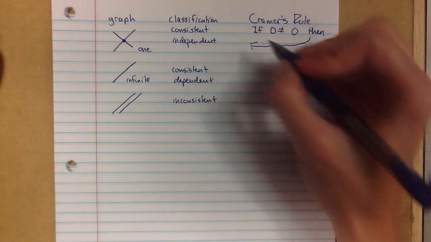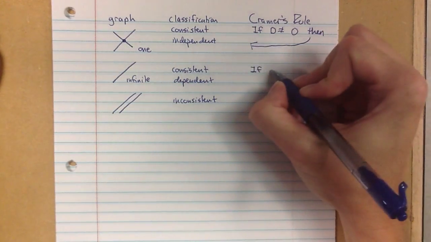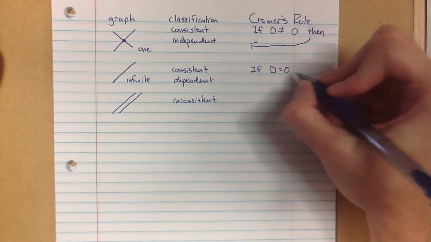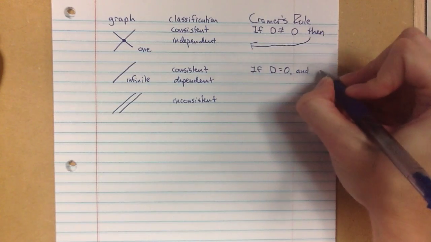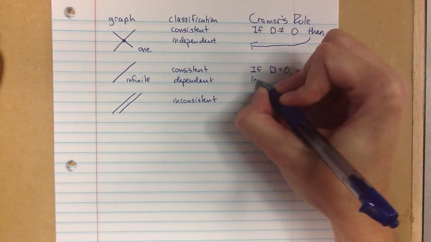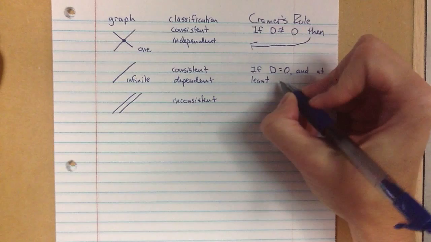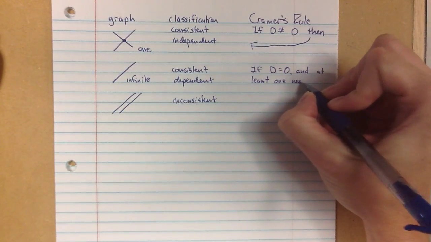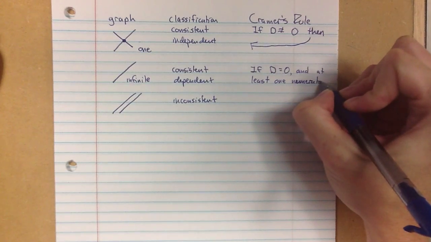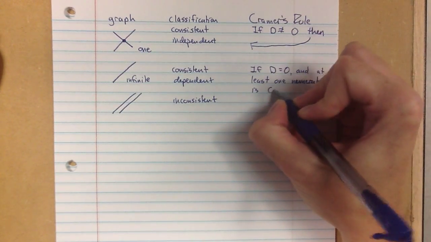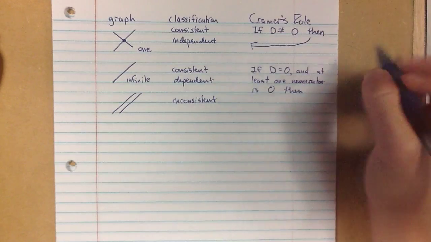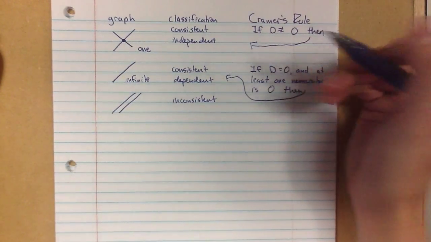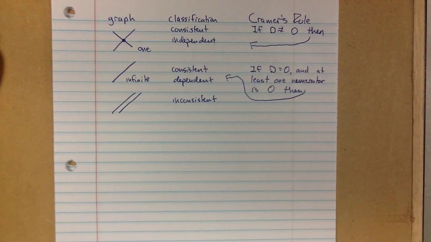Alright? If your determinant equals 0, and at least one numerator is 0, then we get that one.